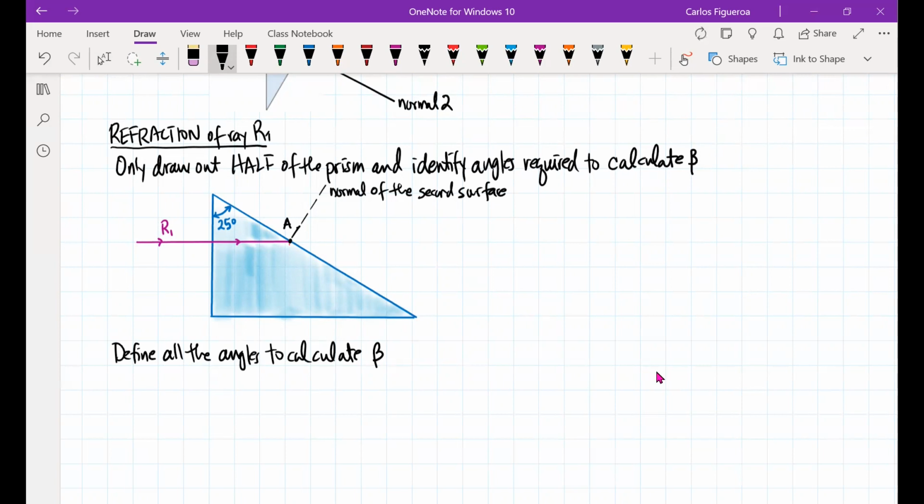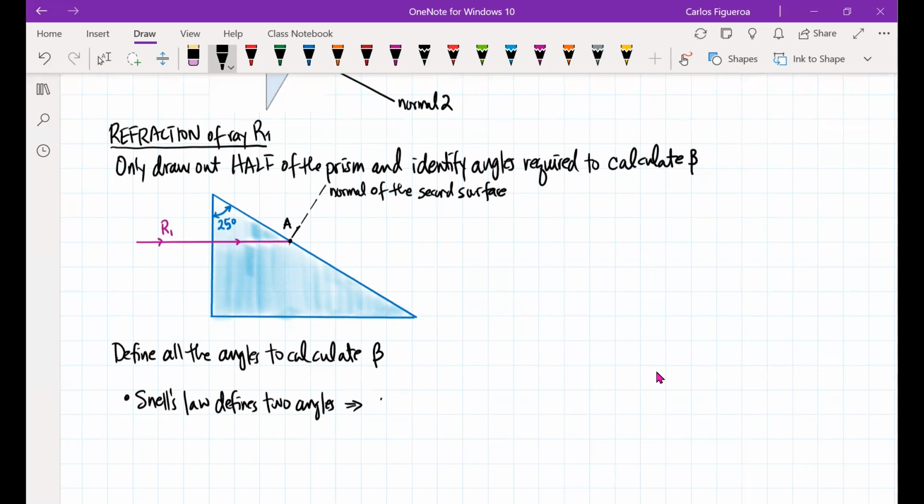So the first thing I'm going to look at is, what does Snell's law tell us? Snell's law defines two angles. And these angles, according to Snell's law, look what happens here now.